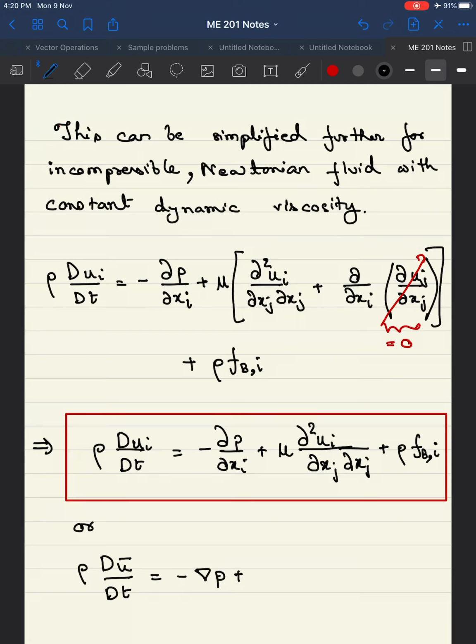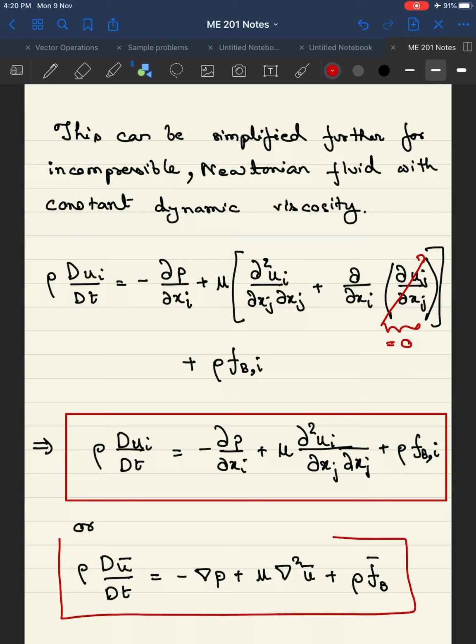Now I'll also write this particular equation in the vector form, and this is what it will look like. Obviously, all the operations that I did in tensor notation, you are free to try with the vector notation as well.